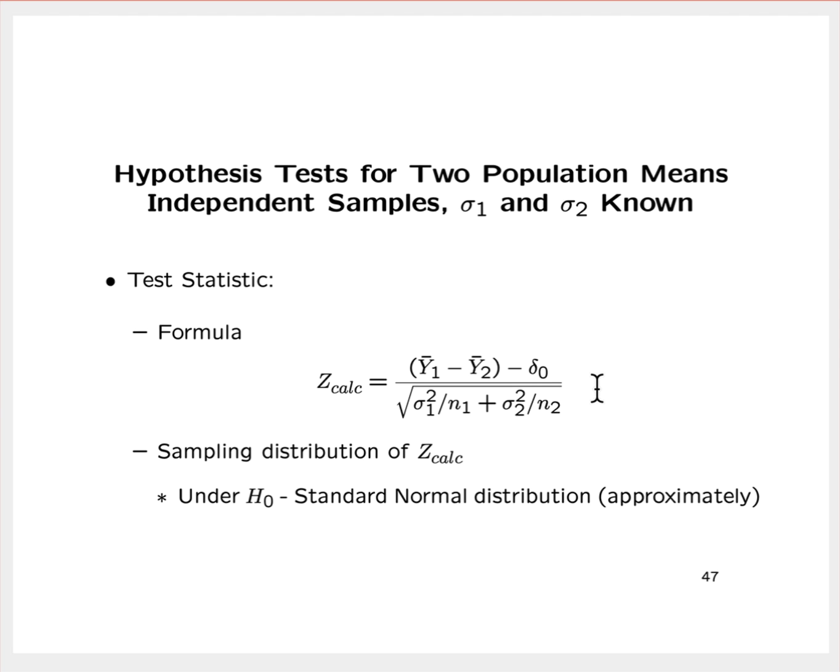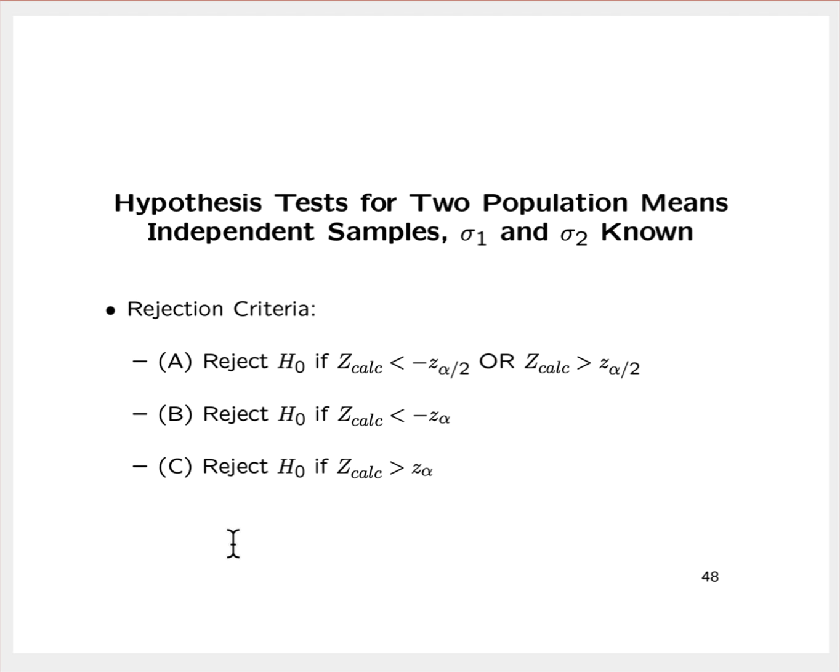The sampling distribution of the test statistic z-calc will be the standard normal distribution, or at least approximately, if the null hypothesis happens to be true. That is the reference distribution from which we will get the critical points for setting up the test.